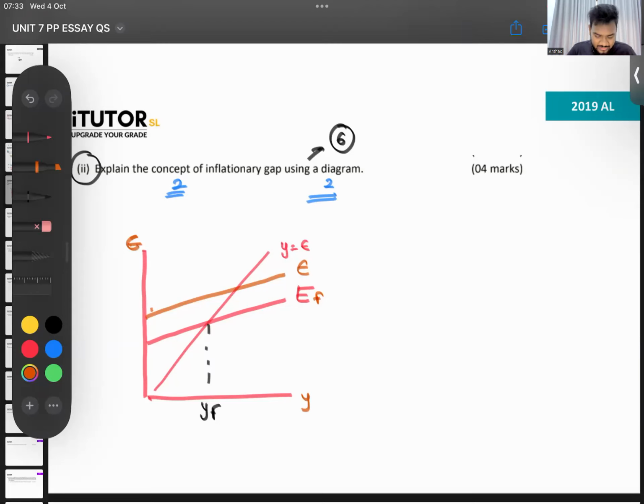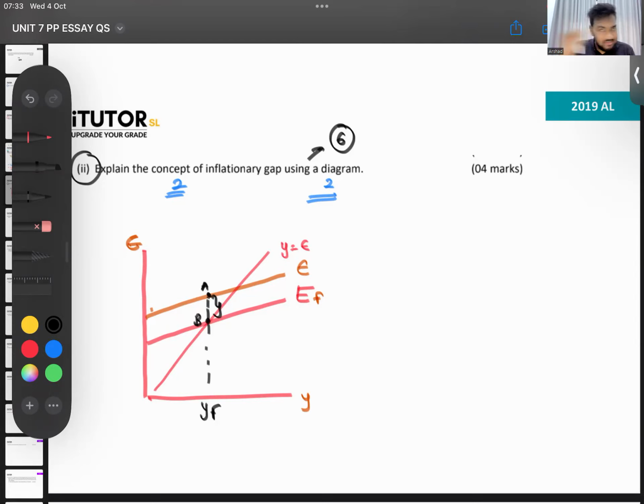Nothing to lose, no? So we can say, look here, the inflationary expenditure gap is this. You can, let's say, mark point A and point B and say in your explanation, the gap between A and B is the inflationary expenditure gap. This is by how much expenditure exceeds the expenditure required for full employment.